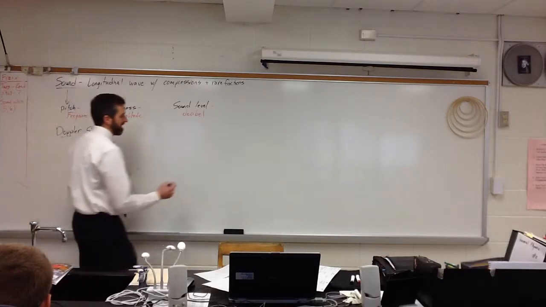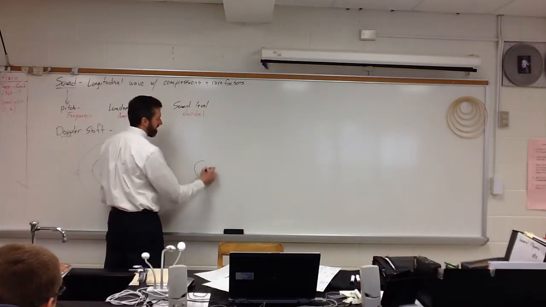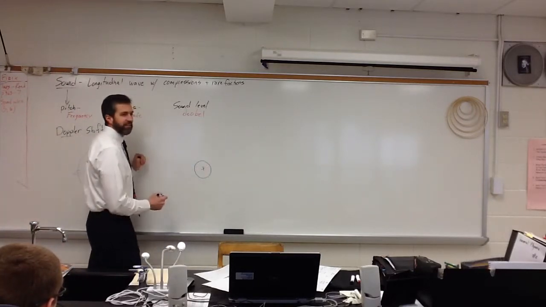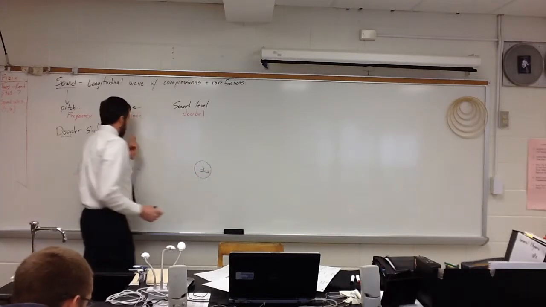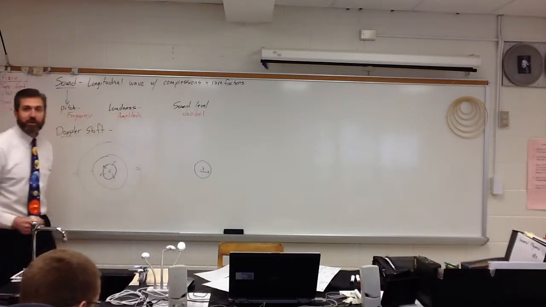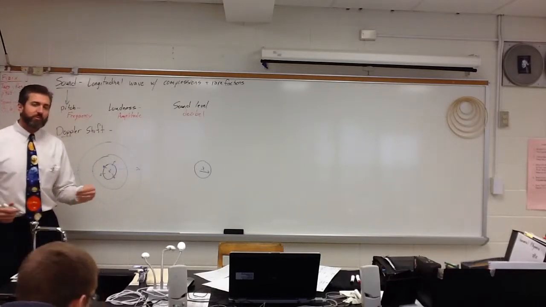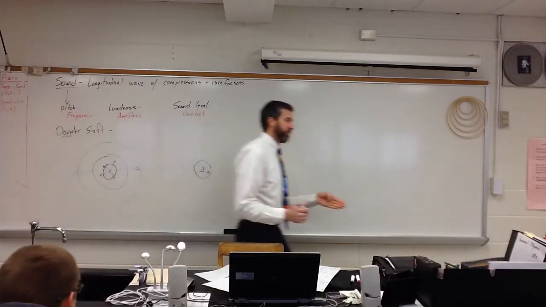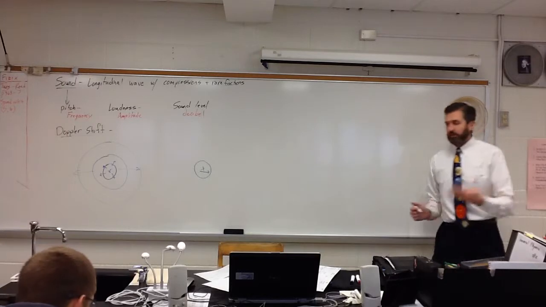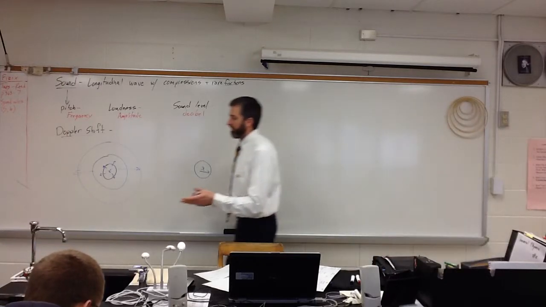The Doppler shift is what happens if that object, X marks the spot, is moving. We'll say it's moving to the right for this example. If you move quick enough, it doesn't happen when you move slowly. If I walk across the room like this, you're not noticing any Doppler shift because I'm moving too slowly.